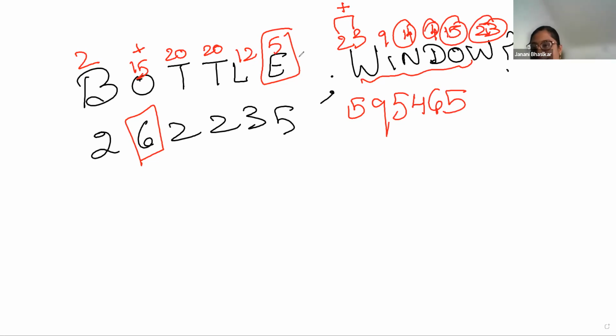Now, what if a place value was 3 digits? What will you do? Add twice, add 3 of them. But what if it's a 3-digit?